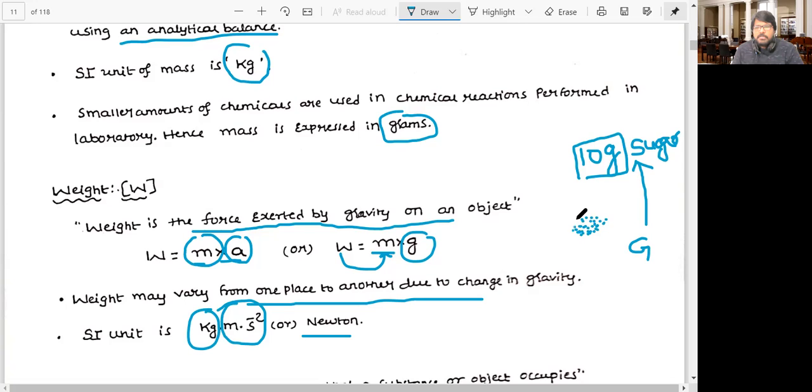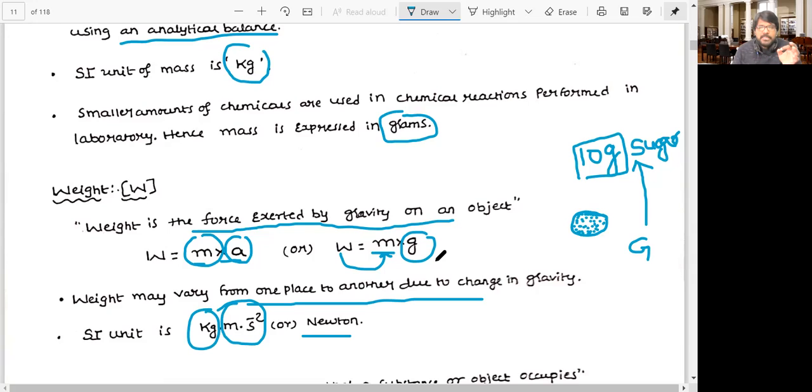When 10 grams of sugar is placed on a table, all the sugar particles present in that quantity will occupy some space.